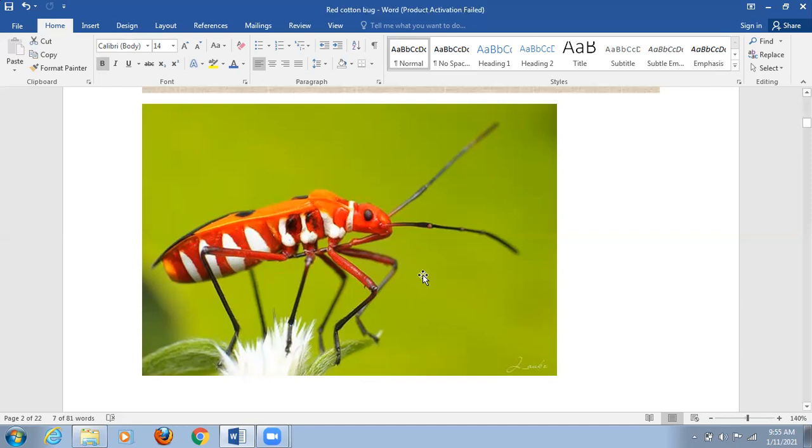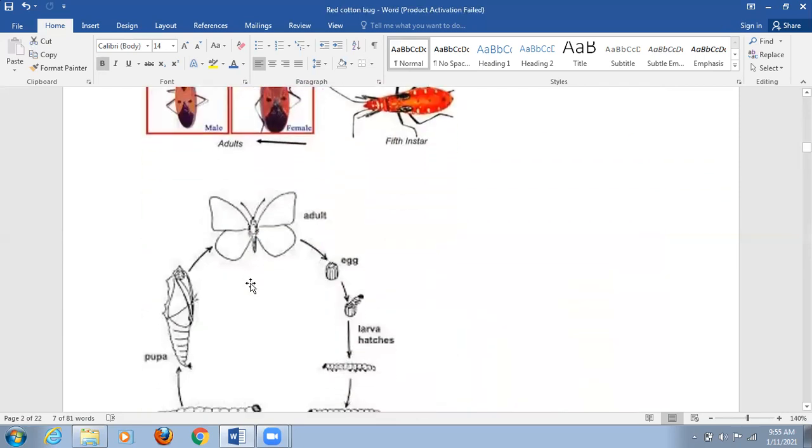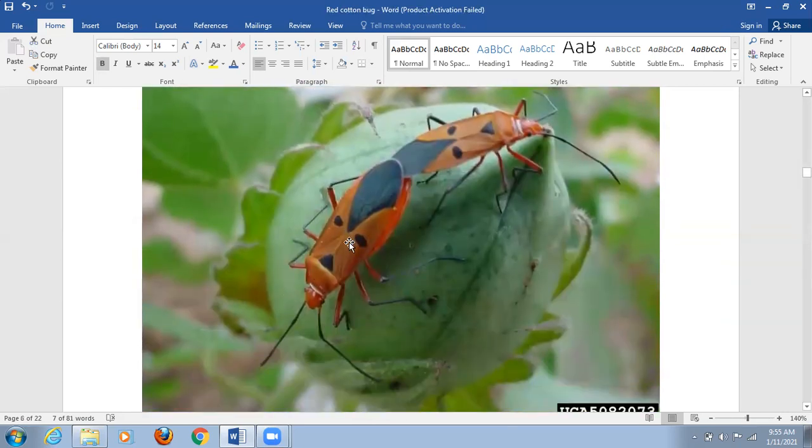Then black spots are found on each of the membranous forewings. You can see here, we'll see the different diagram. You can see on the back there are black spots found on the membranous wing.